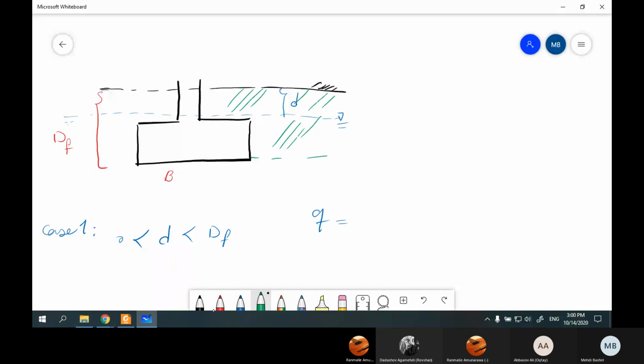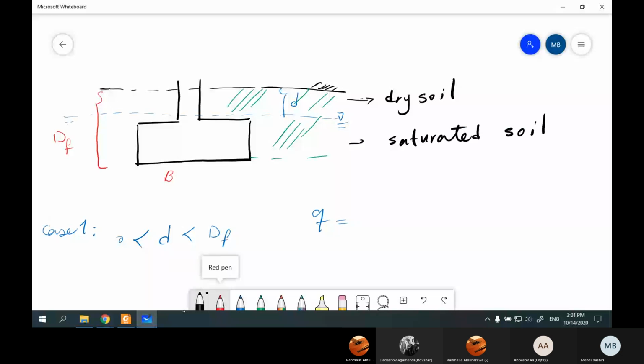If you want to find the total q, in the first part we have dry soil, and in this part we have saturated soil. What is the total q here?